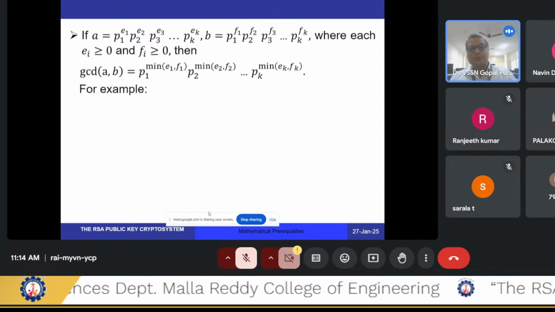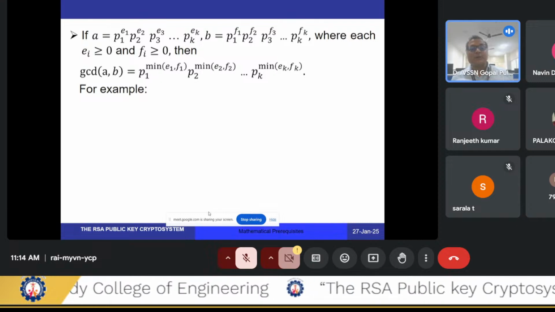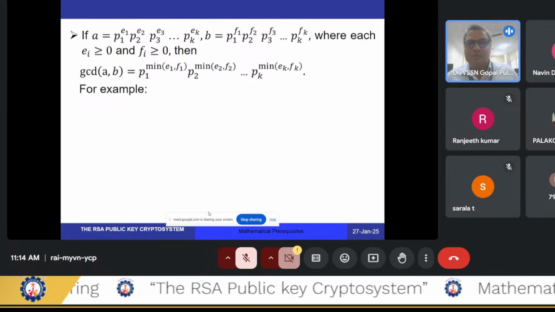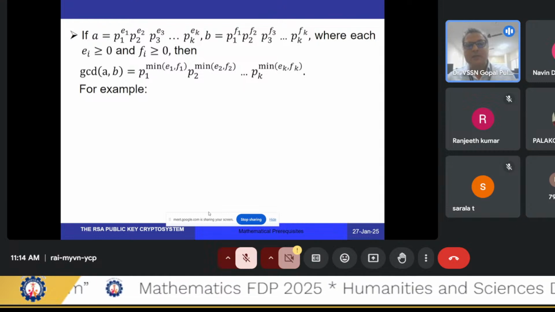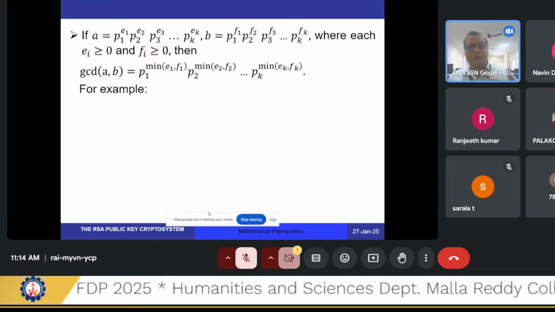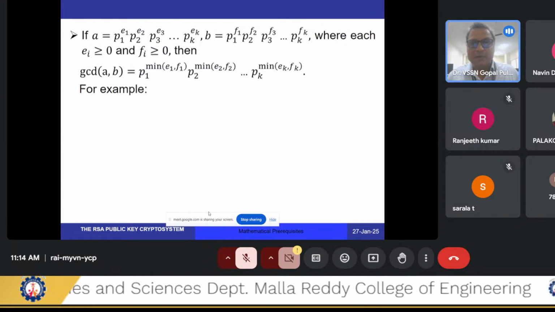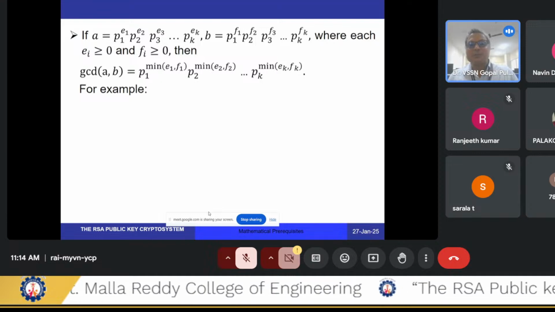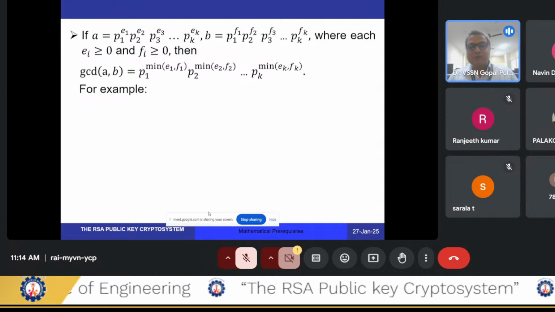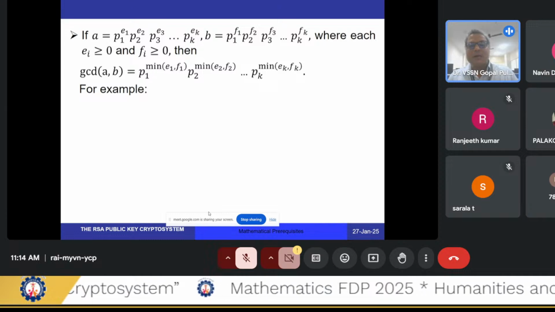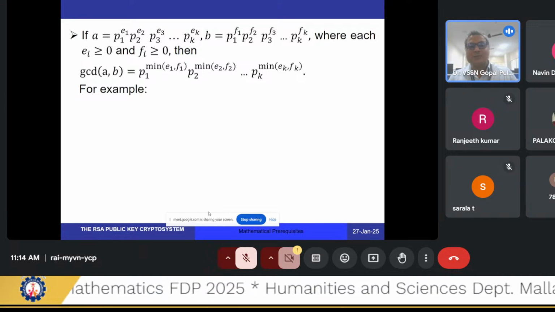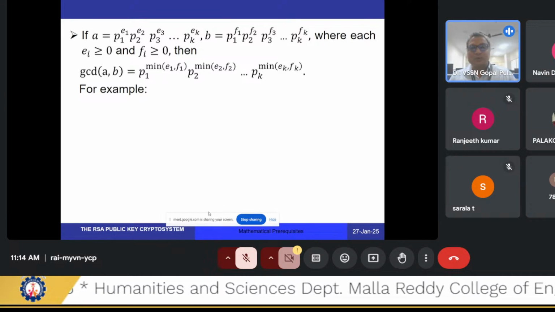Suppose we have two prime factorizations, one for a and the other for b, of this fashion. We consider a as p1 power e1, p2 power e2, and so on, pk power ek. And we express b as p1 power f1, p2 power f2, and so on, pk power fk. One can notice that ei as well as fi are both greater than or equal to 0.